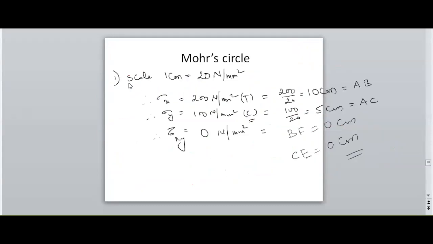Next, the same problem using the Mohr circle method. We can derive the same answer. So here, the first step for the Mohr circle method is considering a scale, that is 1 centimeter is equal to 20 Newton per mm square.